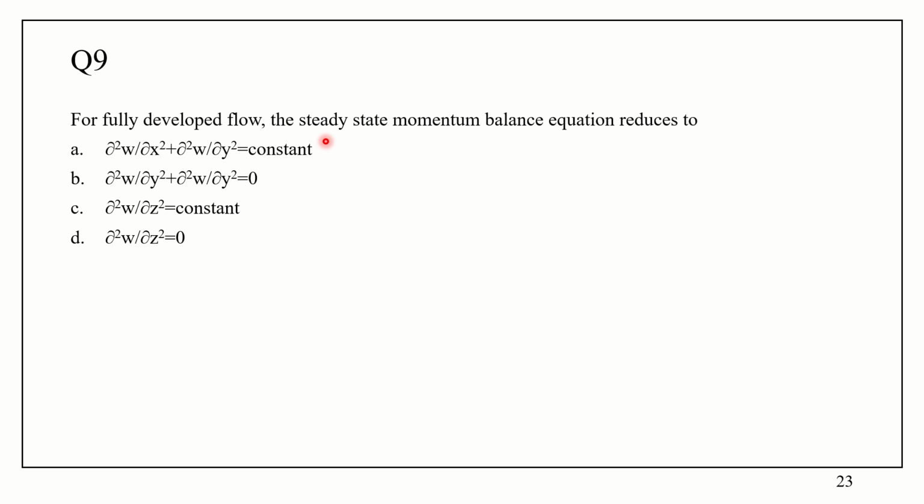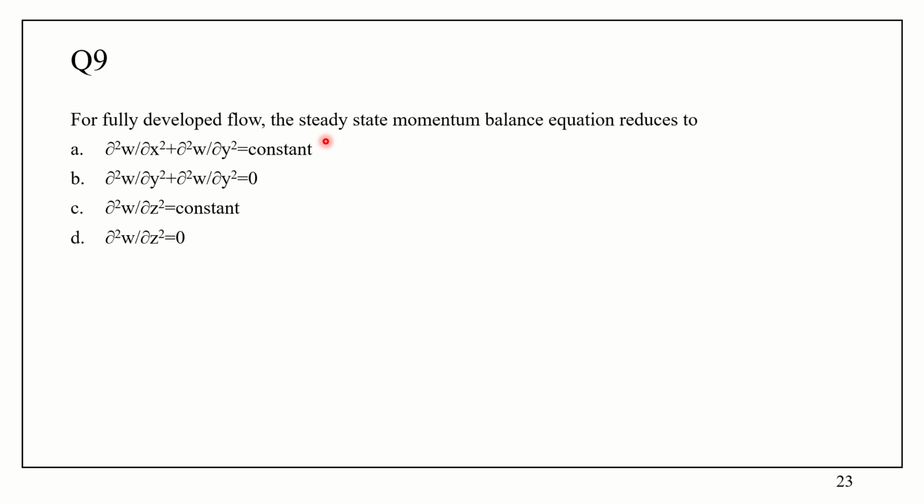So I hope the question is clear now. It is a simplification of the equation we wrote on the previous slide. The question asks: for a fully developed flow, the steady state momentum balance equation reduces to dash.